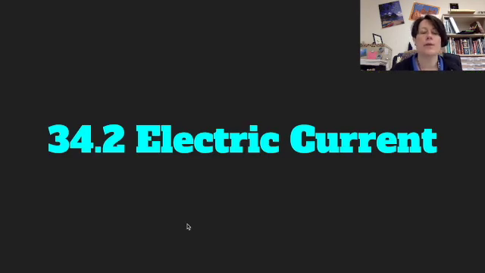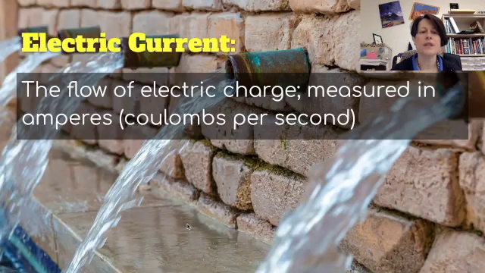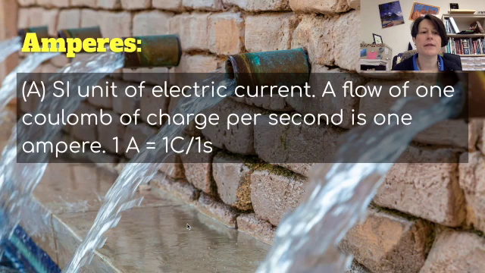So let's talk about electric current. Electric current is the flow of electric charge measured in amperes, and that is coulombs per second. An ampere is the SI unit of electric current. It is a capital A. A flow of 1 coulomb of charge per second is 1 ampere.